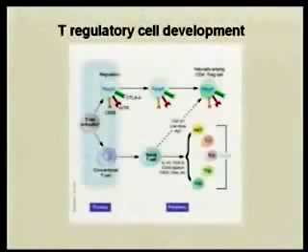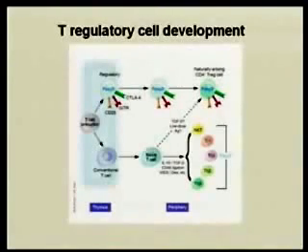Shown here is a picture of the development. Typically, you have a T cell precursor. We discussed a lot about this development, the conventional T cell, which can then lead to a naive T cell, which plays a role in development of a number of different T helper cells, for example. In addition, there is a second population, the T regulatory cells, that can develop in the thymus.